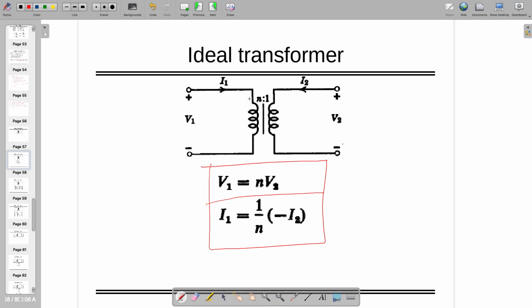Or you can make it reverse to get the step up. Have you heard about the words called step up, step down, buck, boost? Step up is called boost, step down is buck.